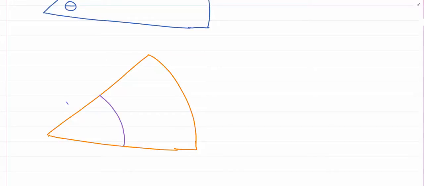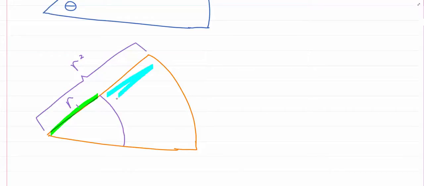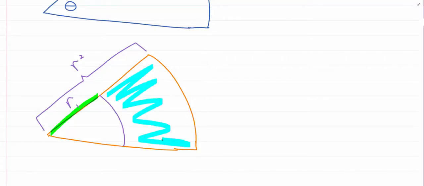I'm going to say I've got radius 1, and that radius 1 is this, and then the overall radius 2 is this whole thing. My objective is to get this area right here.